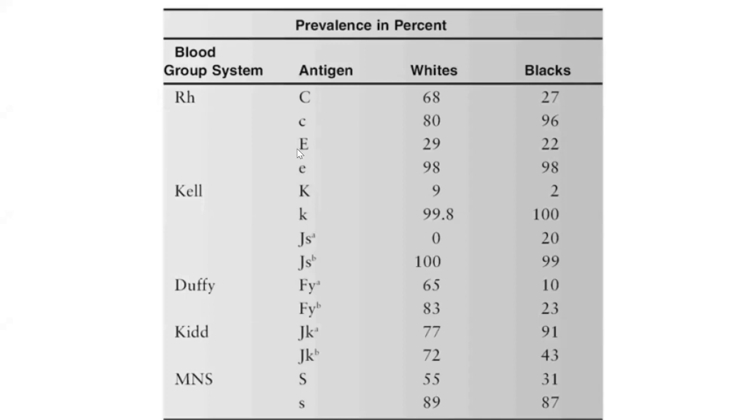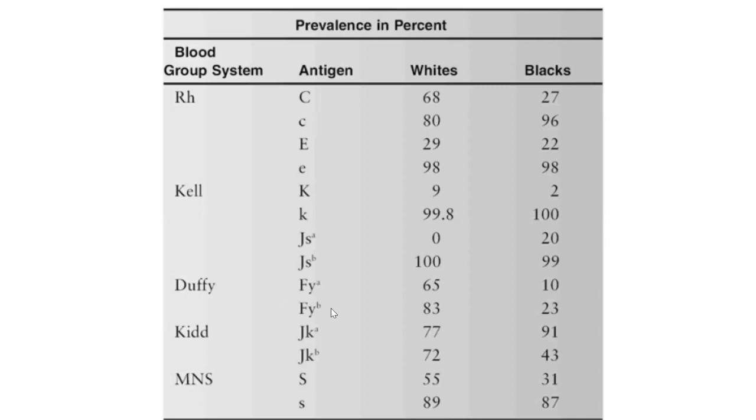The big C, the big E, the KEL, the capital K antigen, and the big S antigen exist more often in people who identify as white as opposed to those who identify as Black.